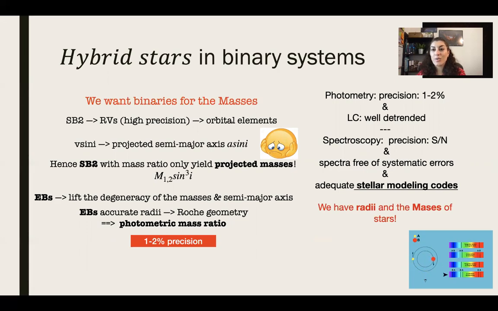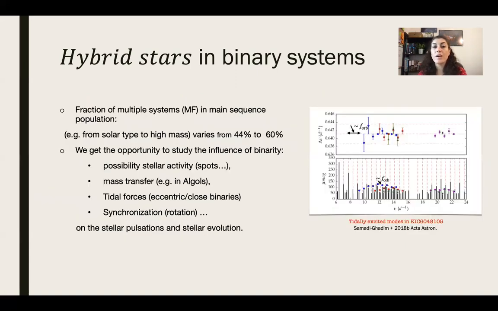The eclipsing binary systems and double-line spectroscopic binary systems provide us easier access to calculate more precise masses for the stars, sometimes 1 to 2% precise, and when we have very good stellar model codes, we can be more sure about the radii and masses that we derive, which is not that easy to derive for single stars.